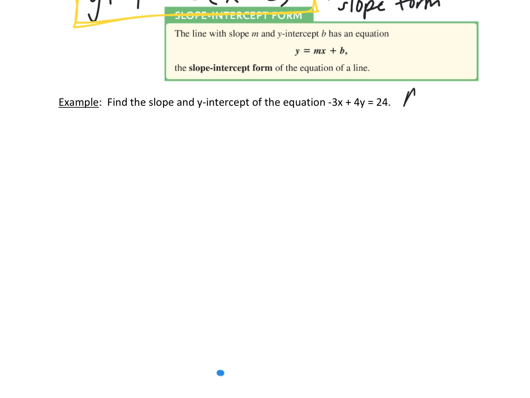This is in standard form, ax plus by equals c, and it is useless, okay? It tells you nothing. It's helpful when you do word problems, and that's about it. So we are not doing word problems. We're just trying to find the slope and the y-intercept. So remember, you have to rearrange. See if you can do it by yourself. You would move the x term, so I would add the 3x, and then divide by what's in front of y.